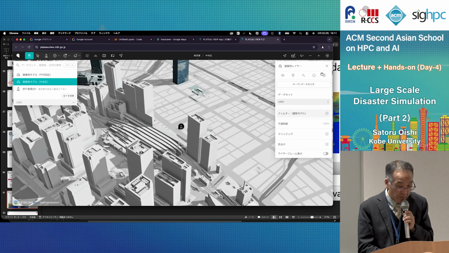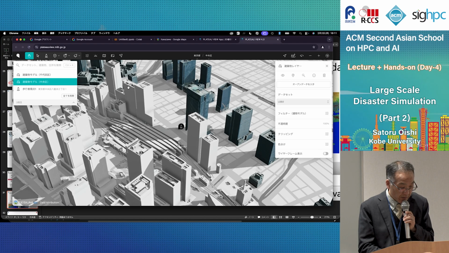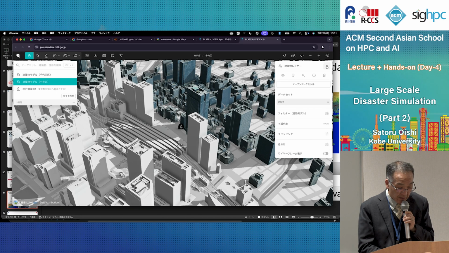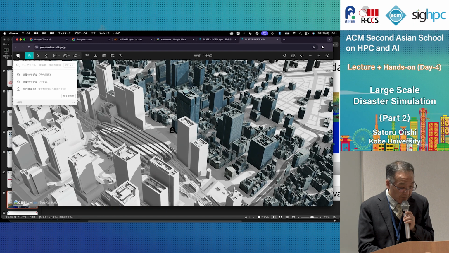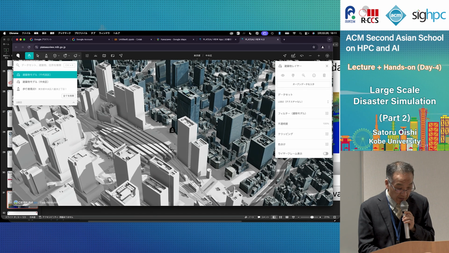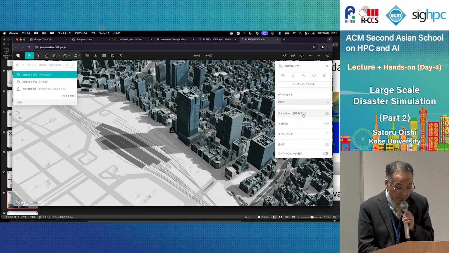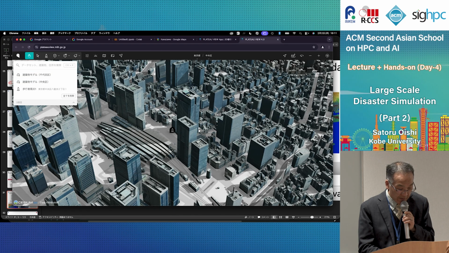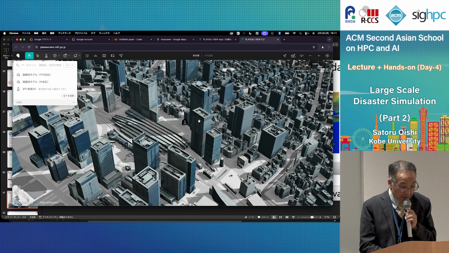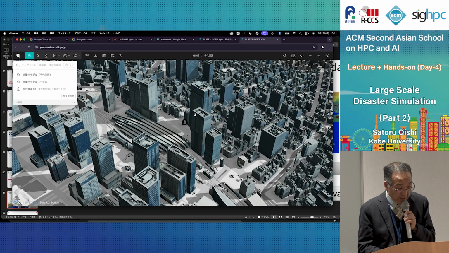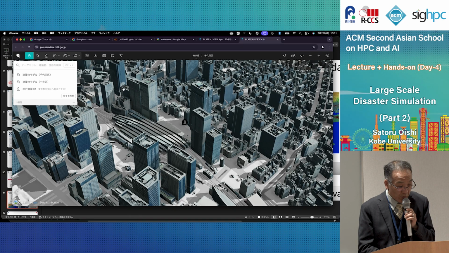So if you put the texture on, it looks very attractive. But the most important specification of that data is not the texture, but the data itself.